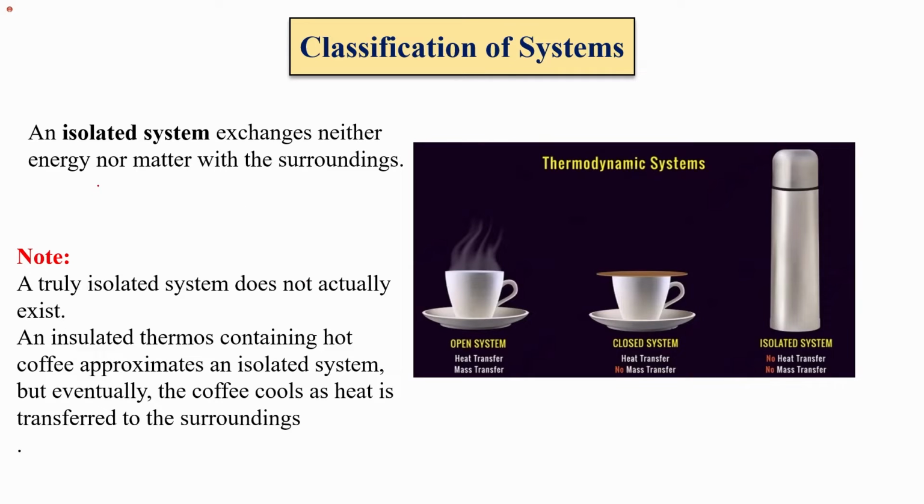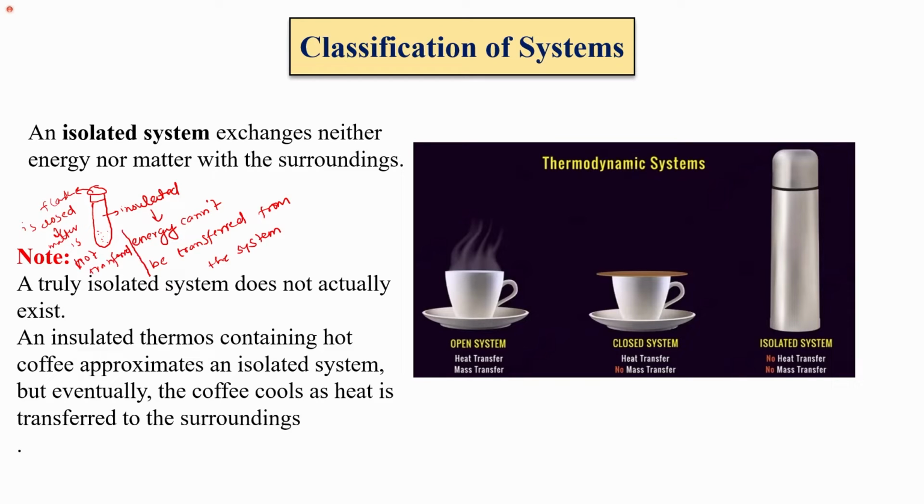Let's say this is your thermal flask. It contains some coffee. The wall is insulated, which means energy cannot be transferred from the system. As the flask is closed, neither matter is getting transferred.